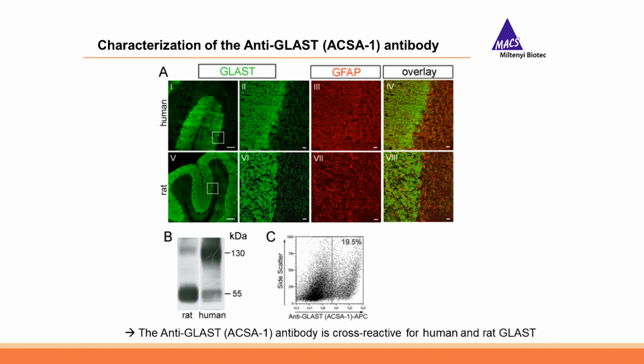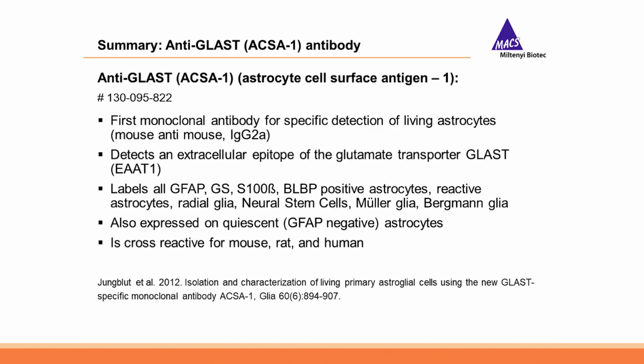So as a summary for the anti-GLAST AXA1 antibody, we can say that this antibody was the first monoclonal antibody that allows a specific detection of living astrocytes, with the isotype mouse IgG2a. This antibody detects an extracellular epitope of the glutamate transporter GLAST, also called EAAT1.